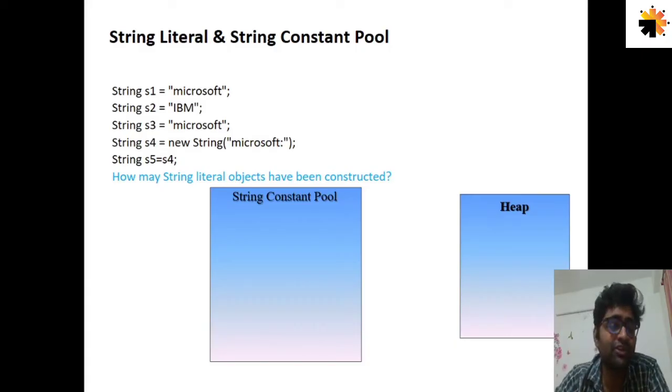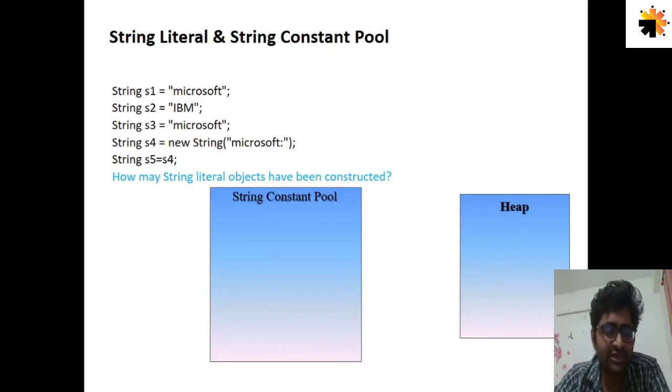Whenever I am using the new keyword, the object gets stored inside the heap memory. String constant pool is present in the heap itself.